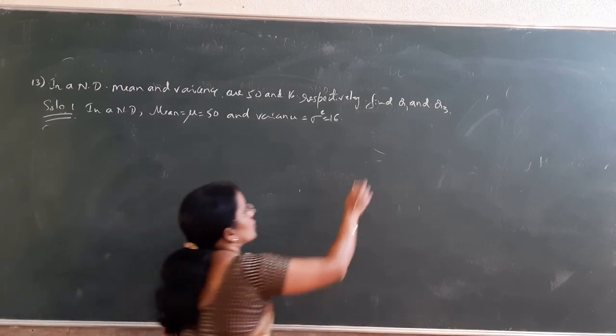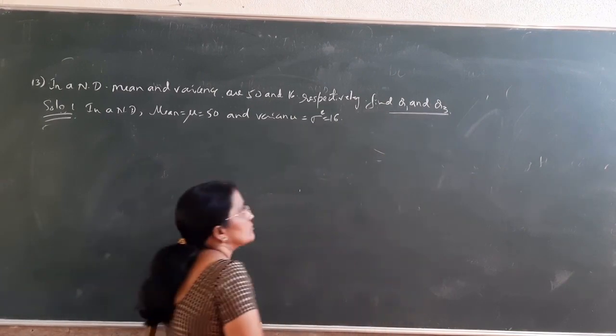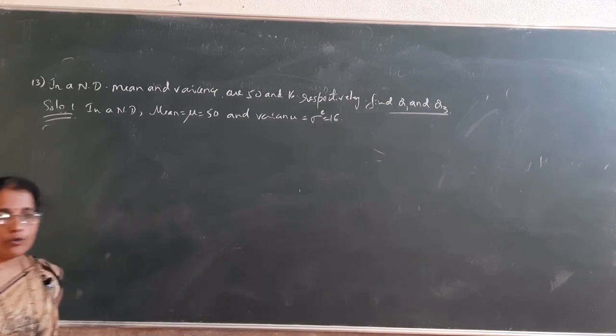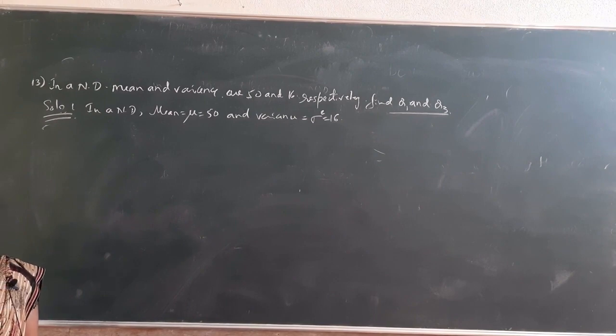We have to find Q1 and Q3. Now we have studied that Q1 is equal to mu minus 0.6745 sigma. Similarly, Q3 is mu plus 0.6745 sigma. With the help of those formulae we can find the required factors, because mu and sigma are given.